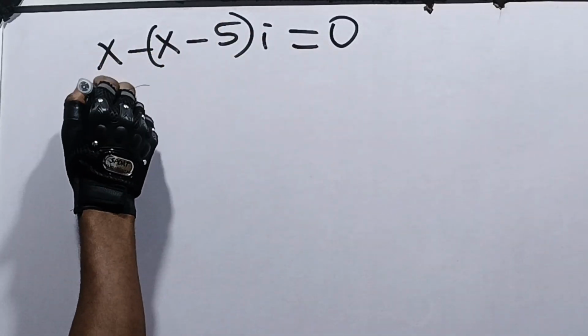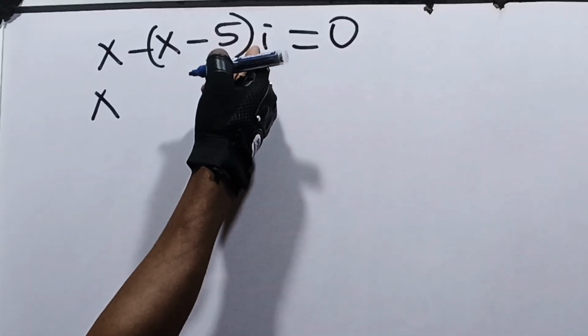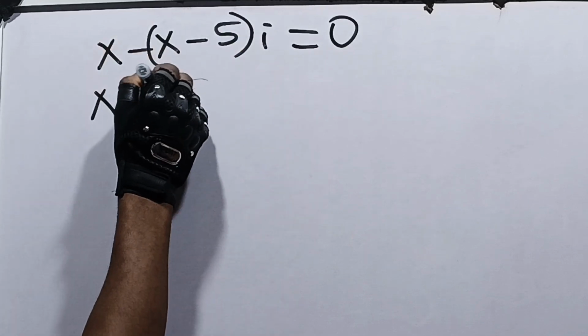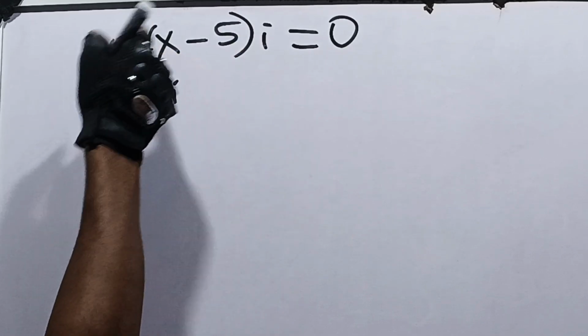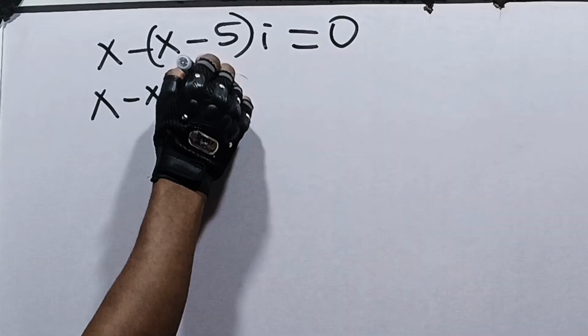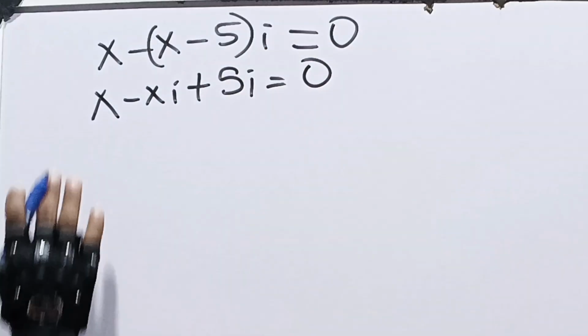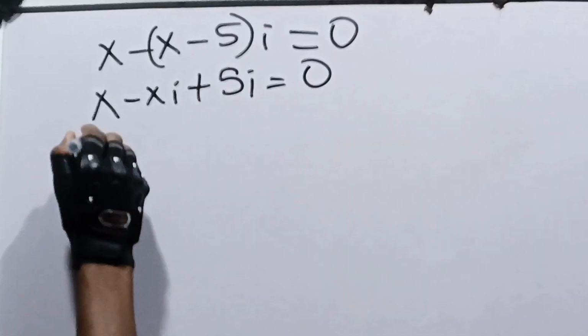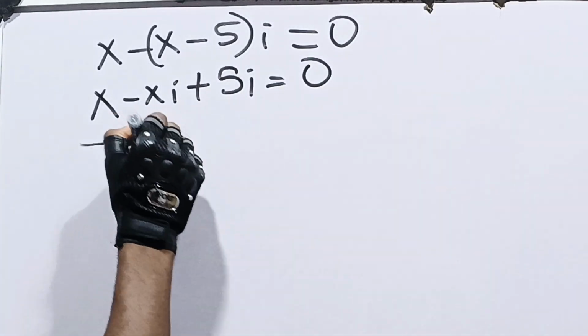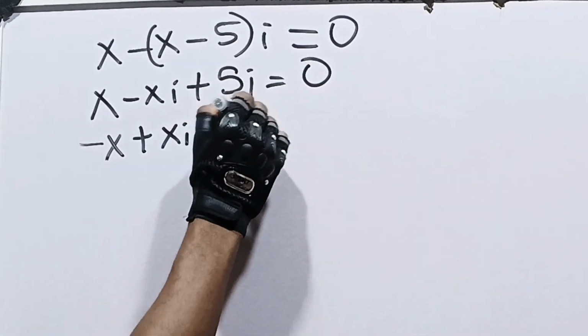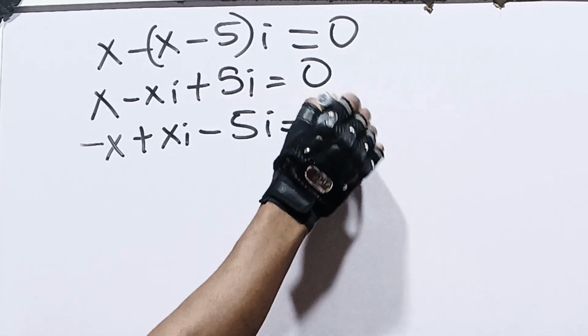Opening up these brackets, we have x times minus i is minus ix is minus xi. Minus i times minus 5 is plus 5i is equal to 0. Okay? Multiplying each term here by minus 1, we have minus x plus xi minus 5i is equal to 0. Okay?